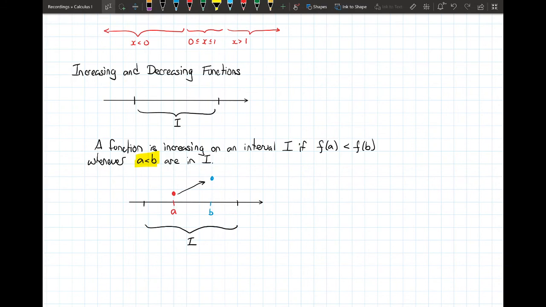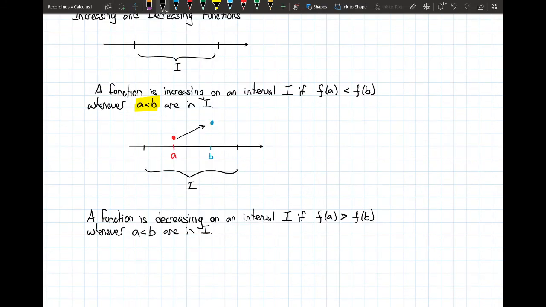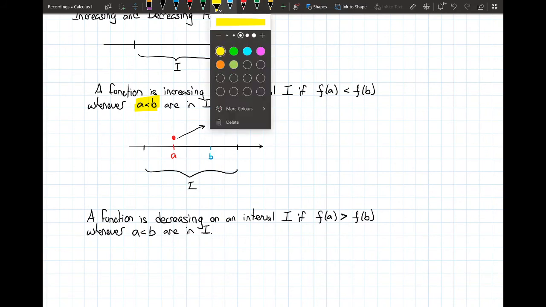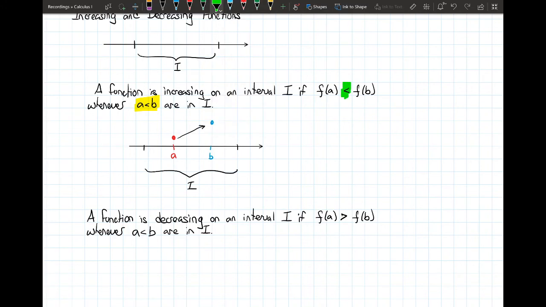Now, what about decreasing? Decreasing is more or less the same definition, except for one major change here. You'll notice that we've got a change of sign. Only one of the signs has changed. We're still looking at more or less the same direction.